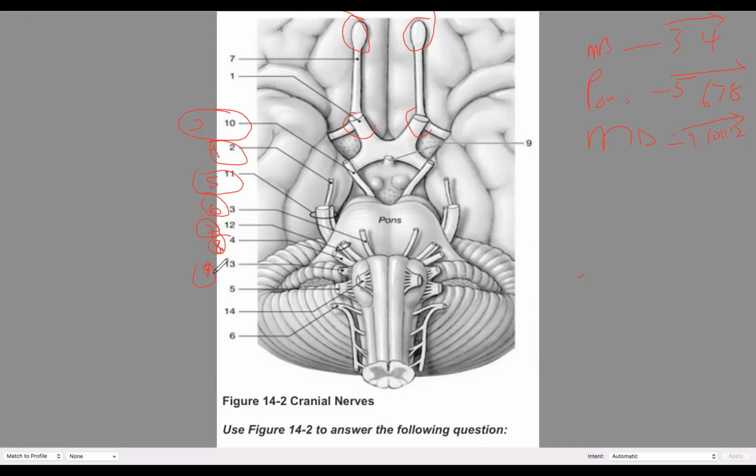Which one will be number 10? Number 10 will be 5. Okay, I agree with you. Right. Then, of course, this is what? That's the last one. It's not 12. Accessory spinal. Accessory, yeah. So that'll be 11. And the 12 will be this one.